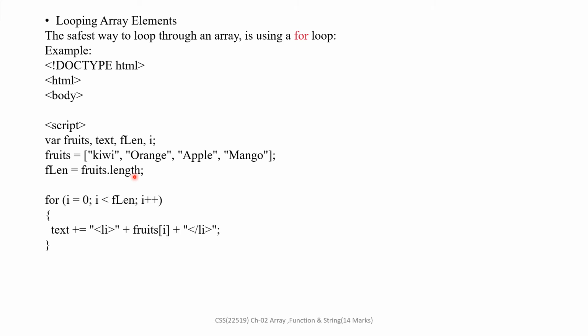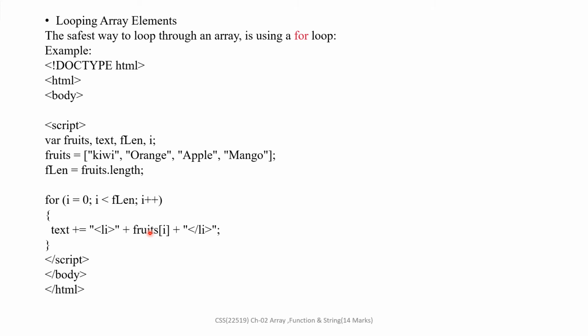Now we will use the for loop. For i is equal to 0, i is less than f length, i plus plus. Text plus fruit. This will display the fruit name. There are 4 elements in the array. So it will check the condition up to 4.